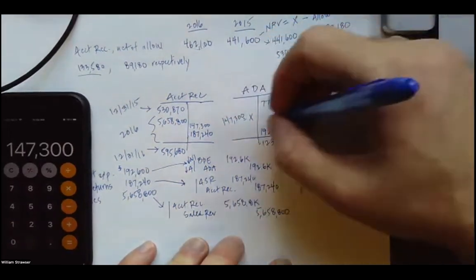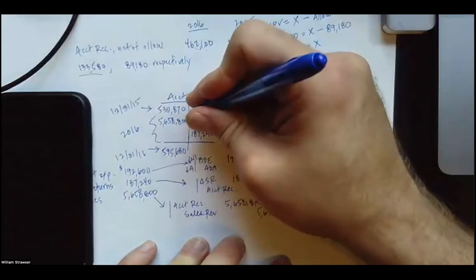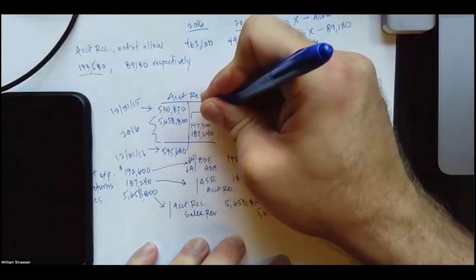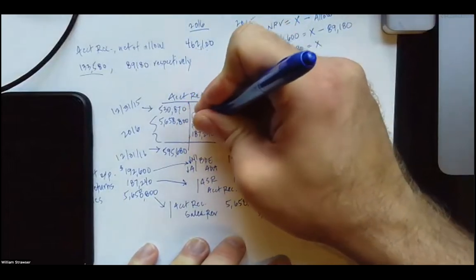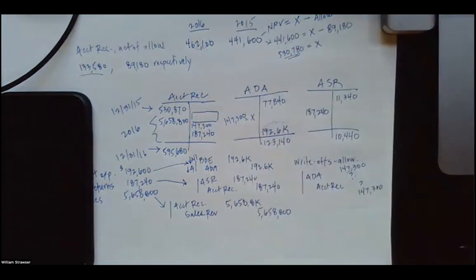All right, so we got that piece, we got an extra piece. We still need the cash collections. That's what we're missing here. And the next piece tells us about the gross sales to ADA.